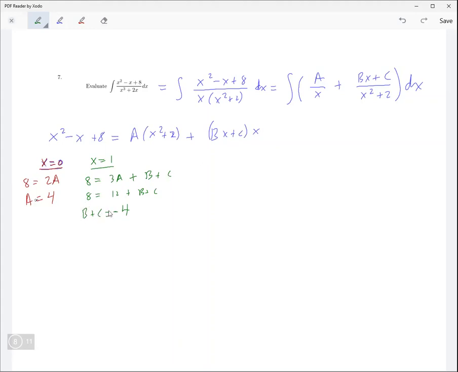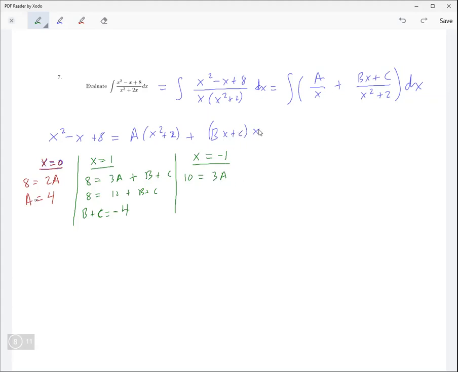And then it's okay to have both of these in there, and then just do another value here, maybe x equals negative 1. That will give you negative 1 squared is positive 1, and then minus negative is plus 1. So they're going to get 10 on the left. And here, this is still going to be 3A.